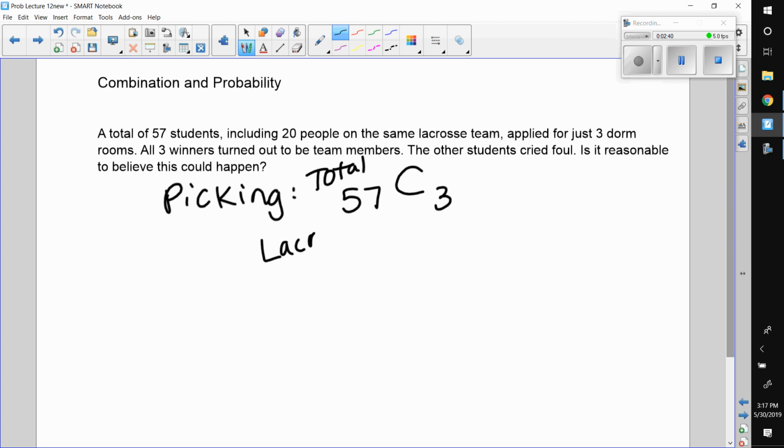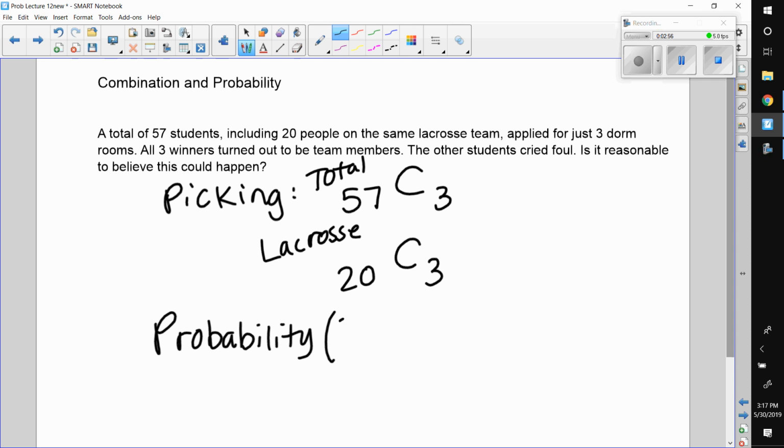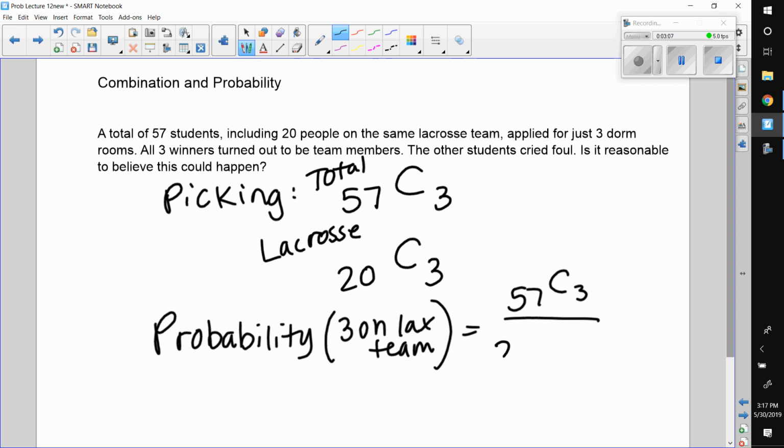Now, when we talk about just the lacrosse team, we're talking about 20 combinations of 3. So we have these 2 things here. To find the probability that 3 on the lax team win, we're going to divide these 2 things. So we're going to have our 20 combinations of 3 over our 57 combinations of 3 to get what the percentage is going to be.